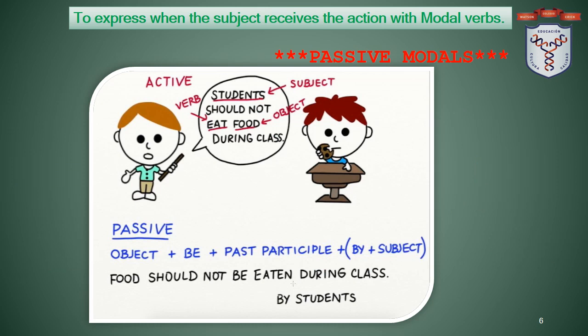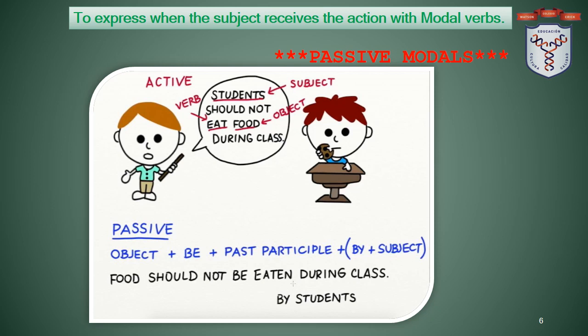Let's check this example. Students should not eat food during the class. In the active voice, students should not eat food during the class. The subject is students. The verb is eat. Let's change it. Remember that you need first the object, later the verb to be, past participle, and information. So we are going to change the object into the subject.